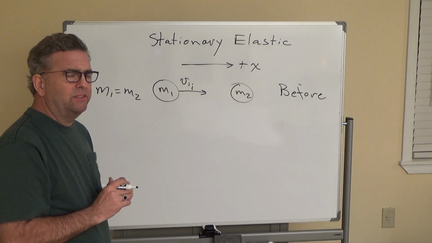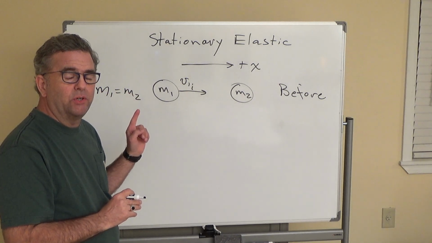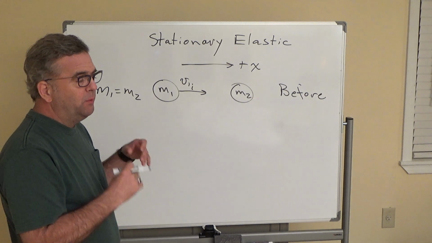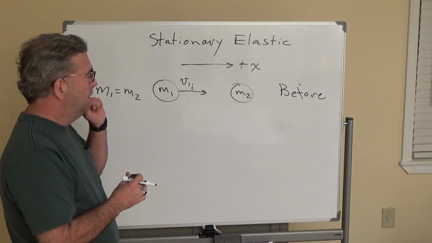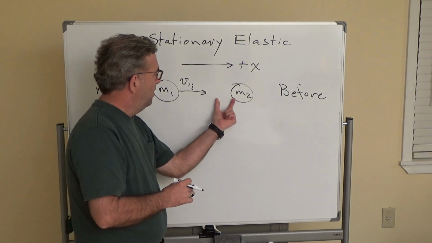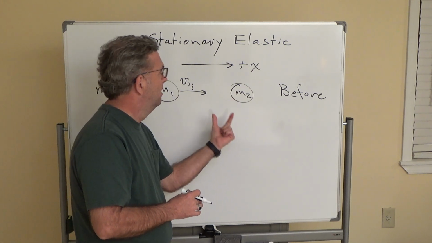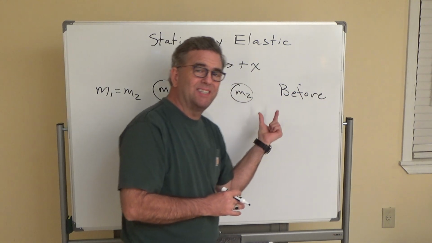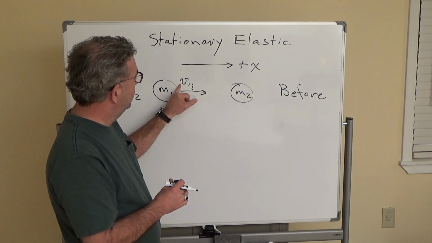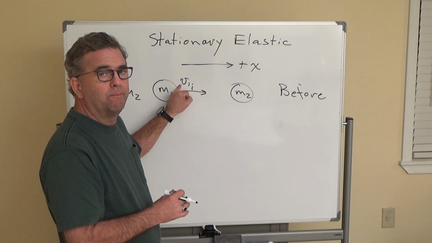In this case, the only way that momentum can be conserved, and we can go through the equations, is if M1 strikes M2, M1 stops, and M2 takes off with the same final velocity as the initial velocity of M1.